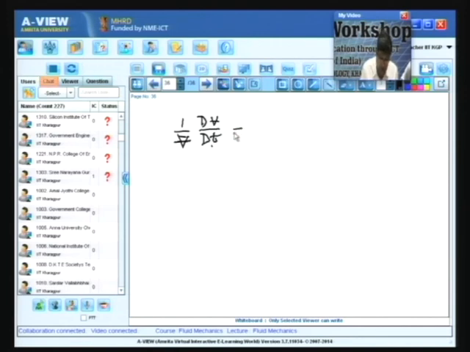When this becomes equal to 0, then the flow is considered to be incompressible, and this can be shown from kinematics to be nothing but the divergence. This will be told by Professor Suman Chakraborty.